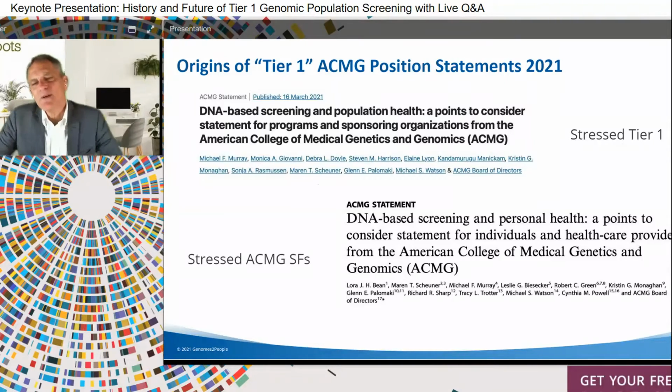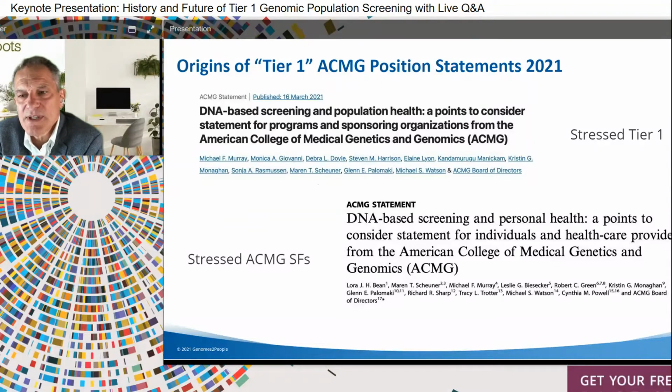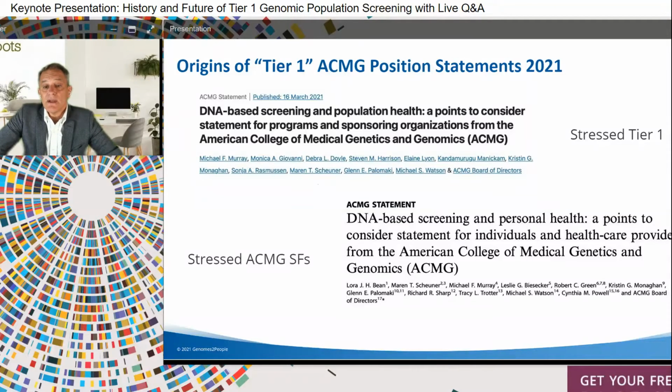And weirdly, we had 2 groups. Mike led one group, which sort of leaned into the tier 1 conditions. Laura and Cynthia Powell led the other group, which both Les and I were on, and perhaps in part because of our influence, it ended up leaning a little more into the idea that the ACMG secondary findings might be salient to this.